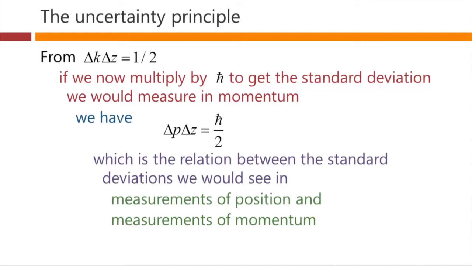We measure momentum, we get some variation in the answers we get statistically. We can describe those variations in terms of the standard deviations, delta p and delta z, of those statistical distributions, and what this expression is telling us is that the product of these two standard deviations in this case is equal to a specific quantity, here h bar over 2.